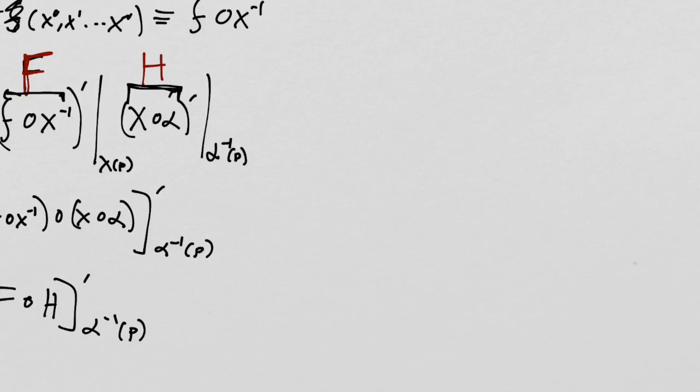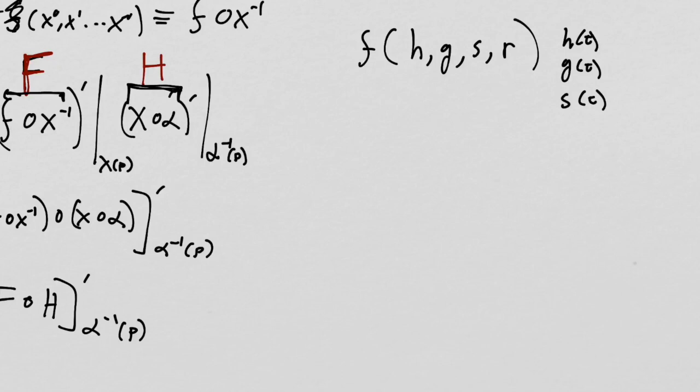Consider a function, I'll say f, just since we're using f, of h of t, g of t, s of t, and r of t, where h, g, s, and r are themselves functions of t. So we imagine that circumstance, and we want to find the derivative of f with respect to t.